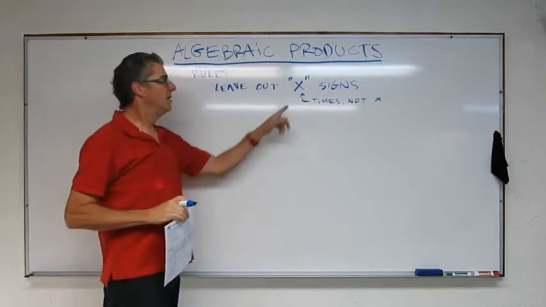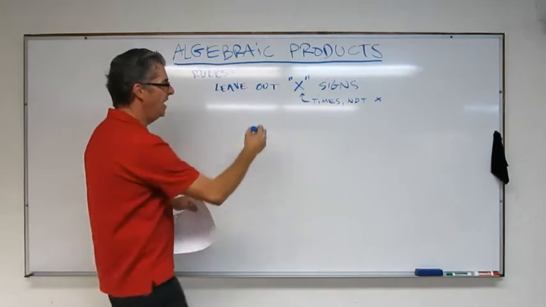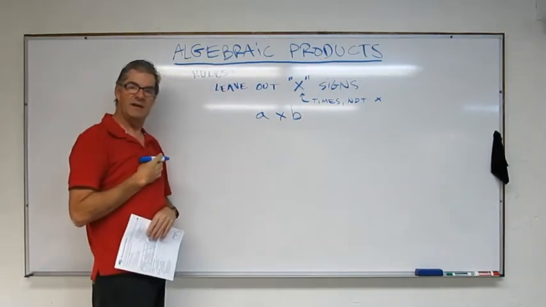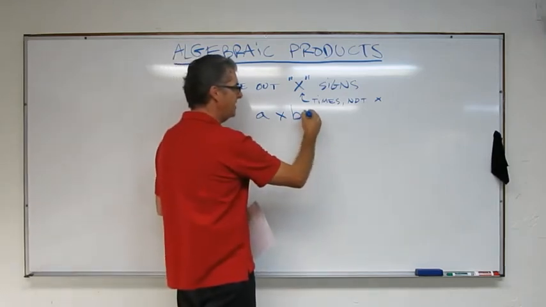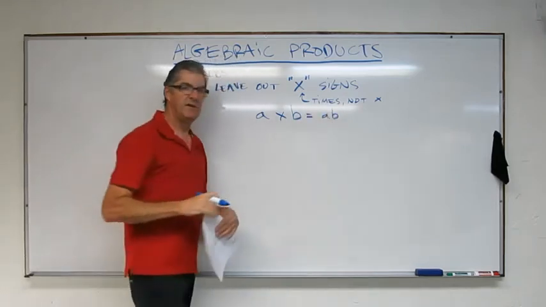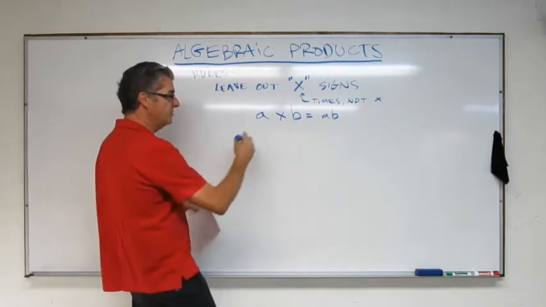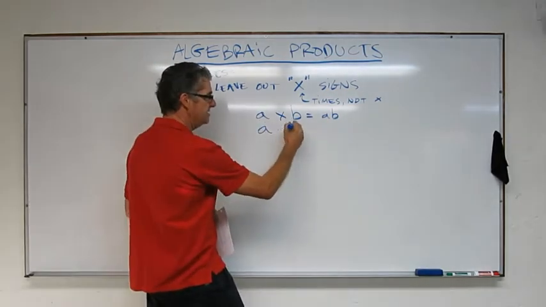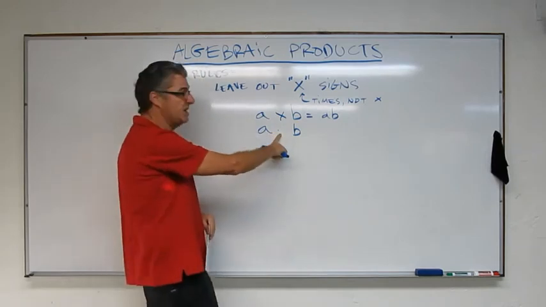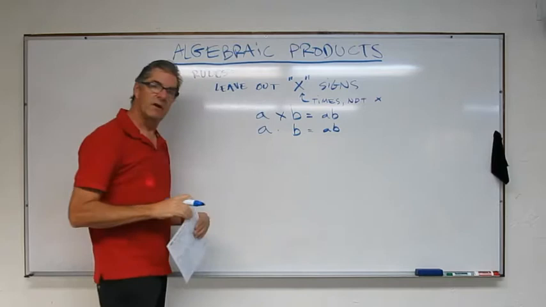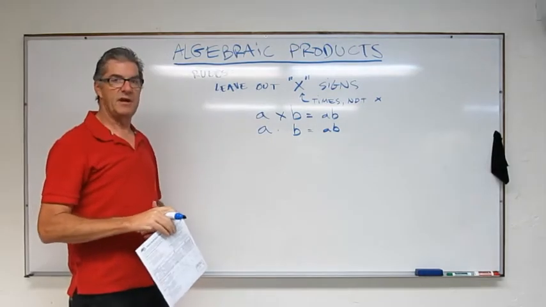Okay, so the example for this would be, I could write A times B, right? However, we just write that AB. The multiplication is assumed. Another way that we would do this is if you wrote A dot B, which is another way to say A times B, this also ends up just being AB. Okay? So we drop the times sign.